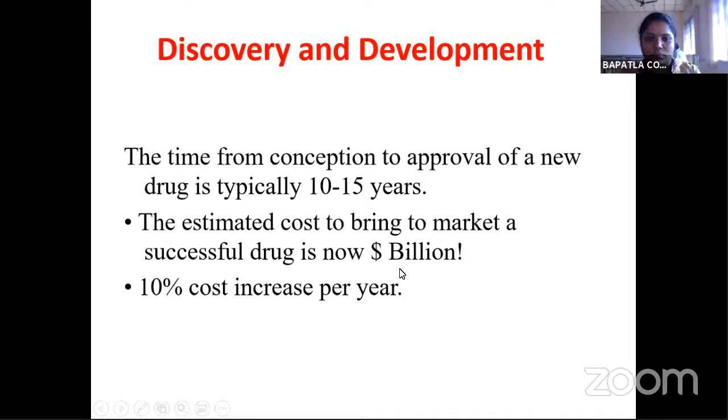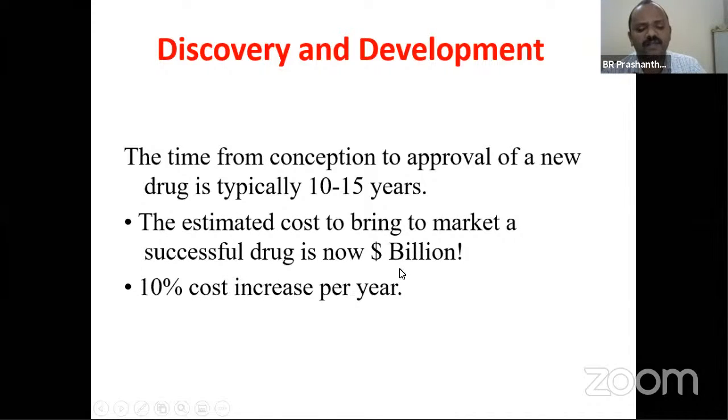In this context, what I mean to say is that sometimes in a pharmaceutical company, after spending 10 to 15 years, they still could not succeed.